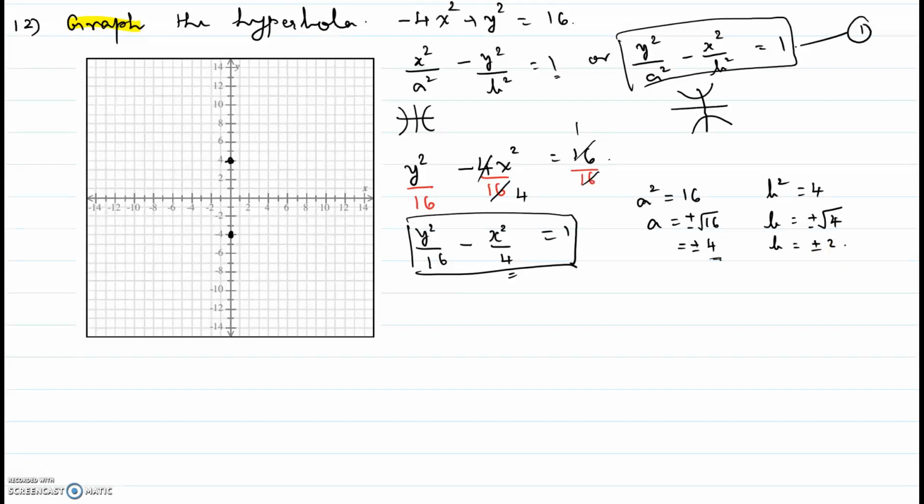So we will mark 2 and negative 2 on the x-axis. Now we will complete this rectangle as a dotted line. Also join the diagonals, they are called asymptotes, passing through the origin.